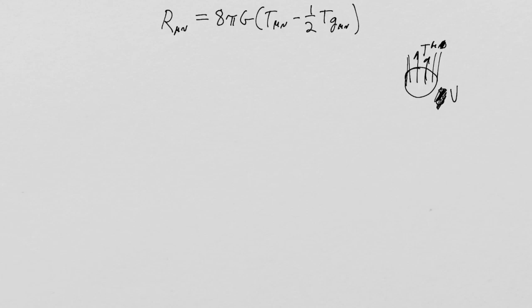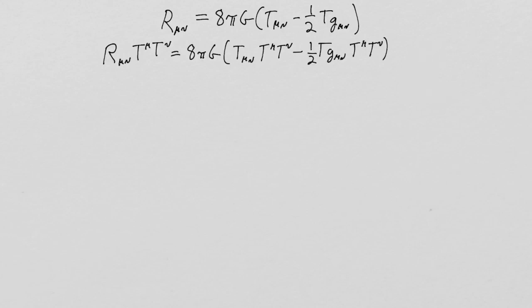But anyway, the first step we do is we contract this trace reversed expression, and let's see what we get when we do that. This is the contraction, so we're going to contract with the tensor on this side here, and here as well, and here as well.